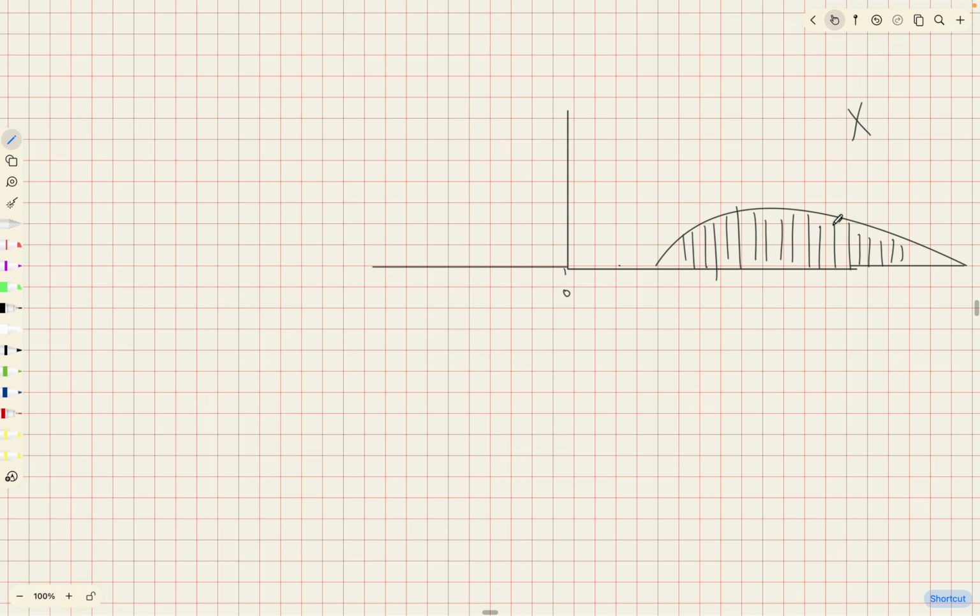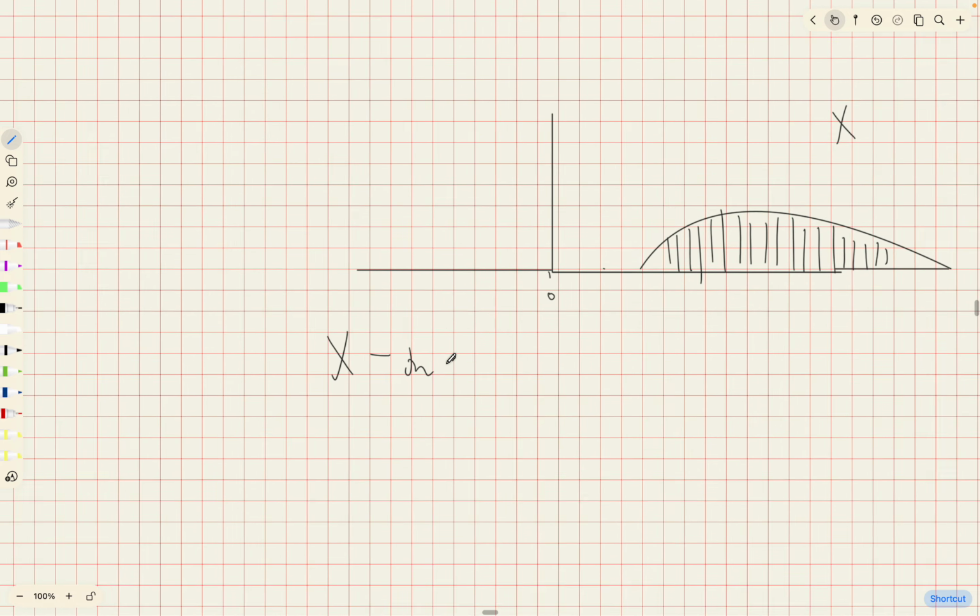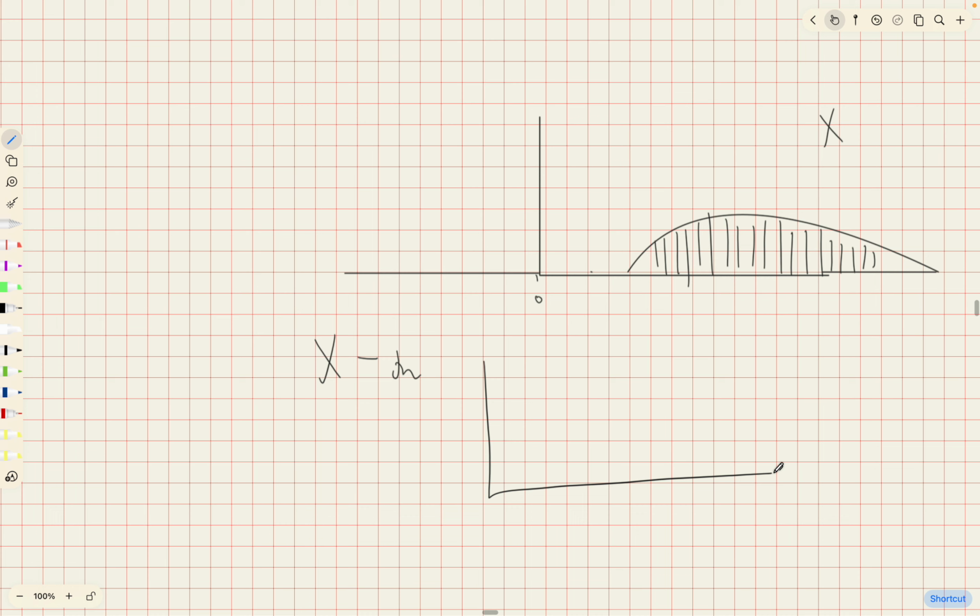And when we want to make the mean 0, we basically subtract the mean from every value of x, which is x minus mu. And x minus mu will be here. Let's say this was the expected value. Maybe something a little further here. And now it will be here.